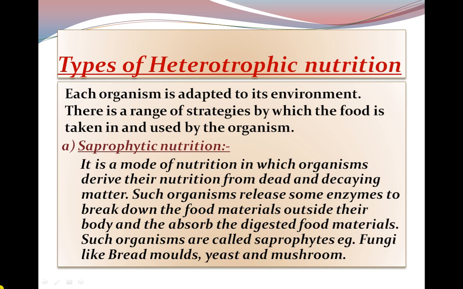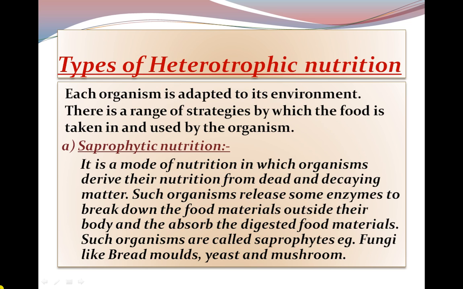The first type of heterotrophic nutrition is saprophytic mode of nutrition. It is a mode of nutrition in which organisms derive their nutrition or food from dead and decaying matter. Such organisms release some enzymes to break down the food materials outside the body and absorb the digested food material.